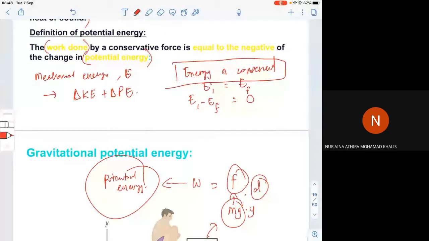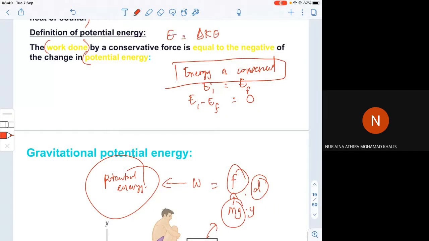Okay, and then because of that, energy is delta KE plus delta PE. So how can we write down the equations? Okay, I put it here. Energy is delta KE plus delta PE. So when we apply it to the conservation of energy, it becomes like this.